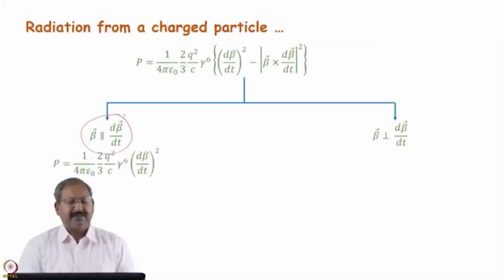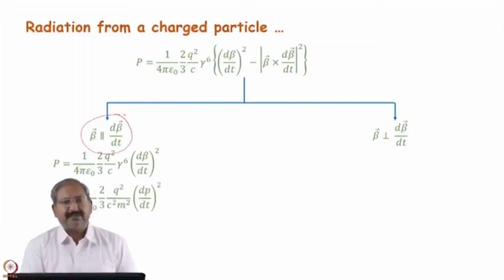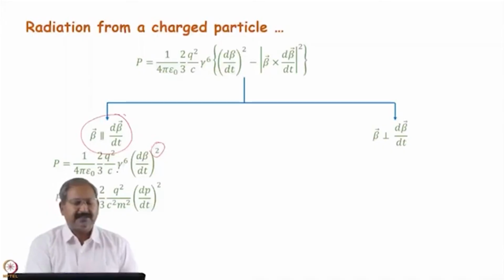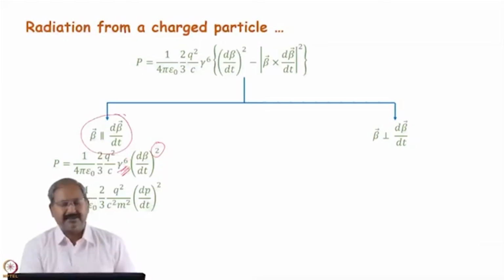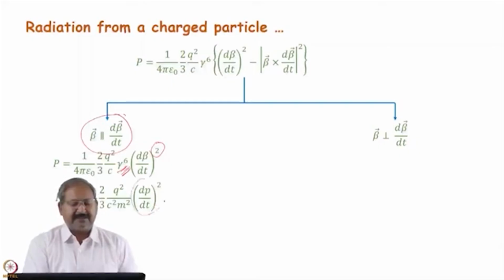In this case we already obtained the value of d beta by dt, and that was 1 by gamma cube. Here it is squared, so 1 by gamma cube squared means 1 by gamma to the power 6, so this gamma to the power 6 will be cancelled out. And you can see that now the formulation doesn't have gamma.